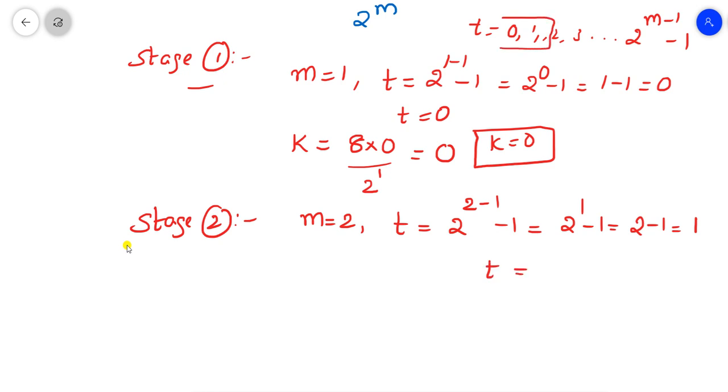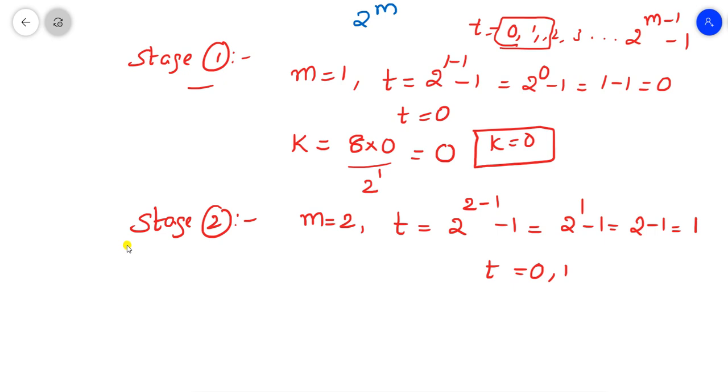We should consider up to 1, that means not only 1, we should also consider 0 and 1. So the t value is 0, 1 and so on up to 2^(m-1) - 1. After substituting m equal to 2, the t value goes up to 1. That means we consider 0 and also 1.